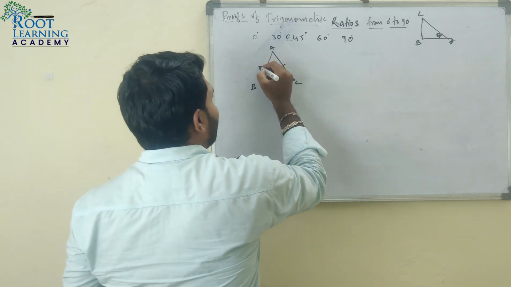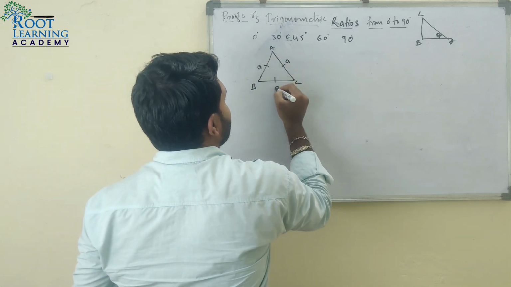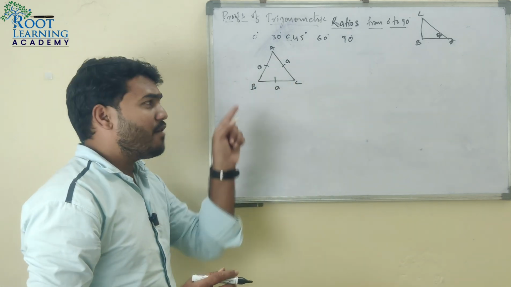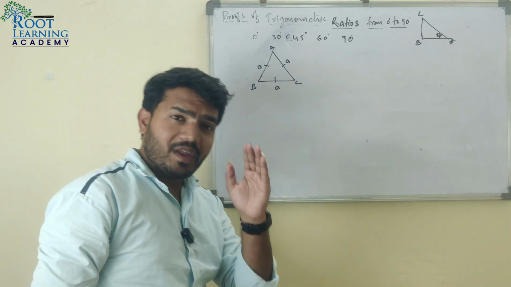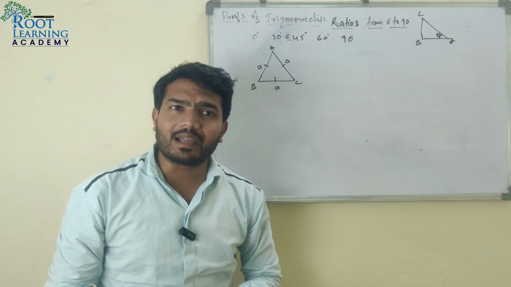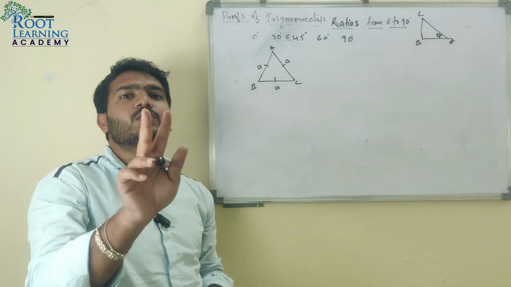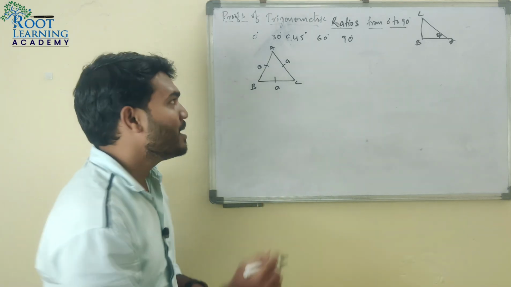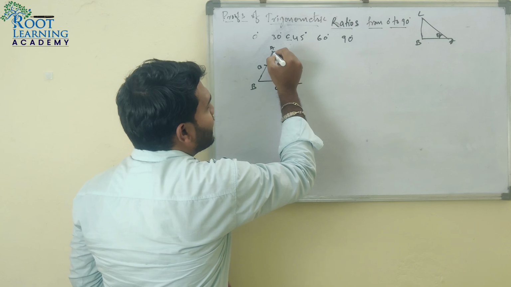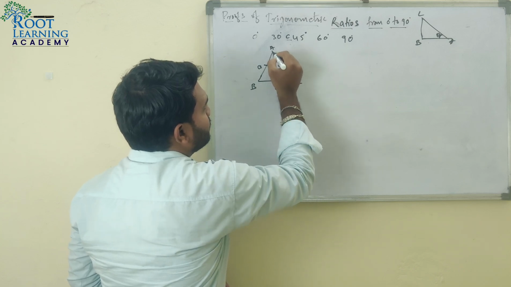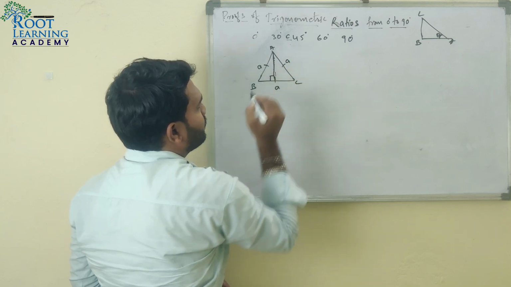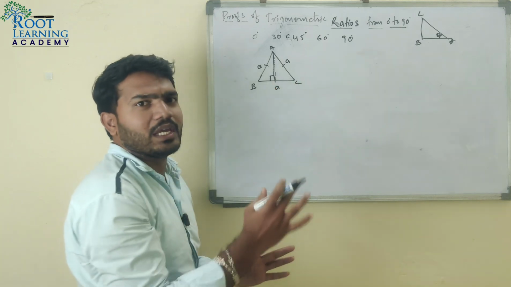So let's say the measure of the side is A. We have one more property for an equilateral triangle. If we construct a perpendicular, then that perpendicular will divide one of its sides into two equal parts. Means it will bisect it into two equal parts.